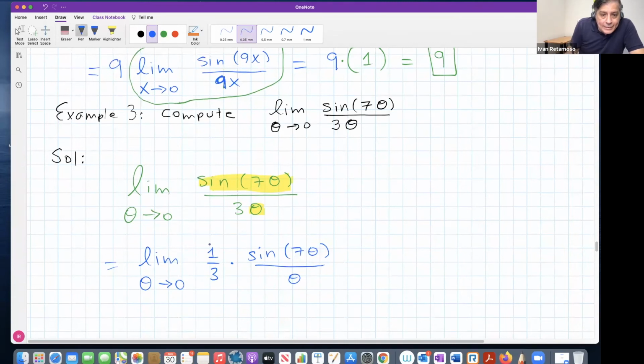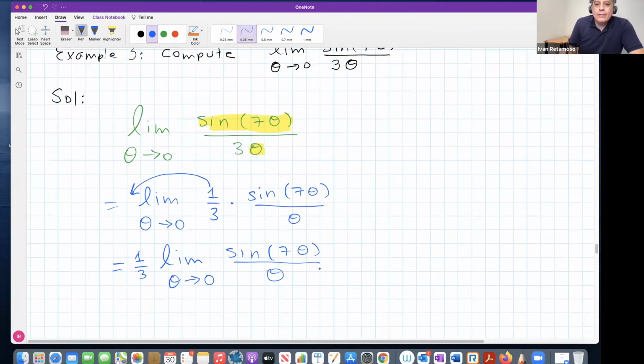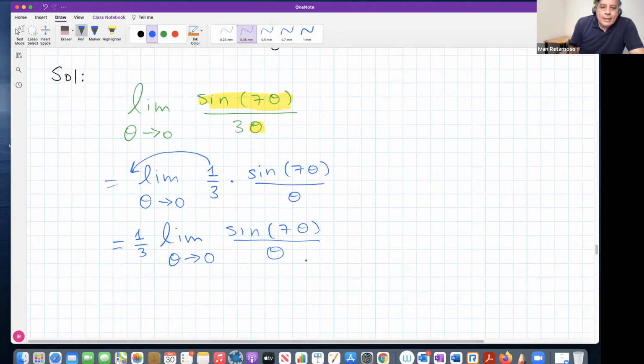All right, next, I'm going to take this constant out, 1/3. Then here, limit of sine of 7 theta over theta as theta approaches 0. All right, great.